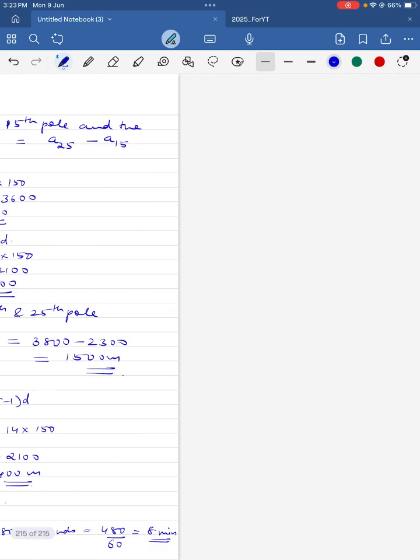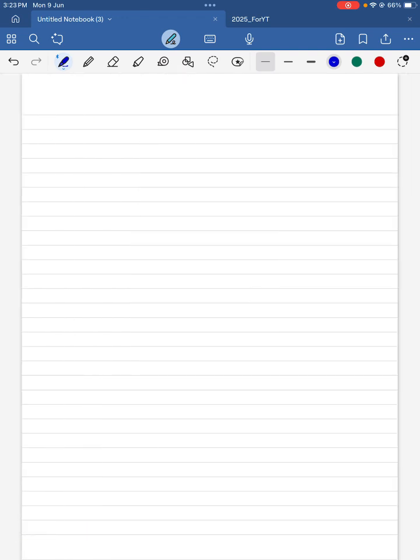Okay, now we know that the distance of the last pole from the base would be equal to 5000, which is the total height of the topmost point of the hill, minus 300, which is where the last pole has been installed.